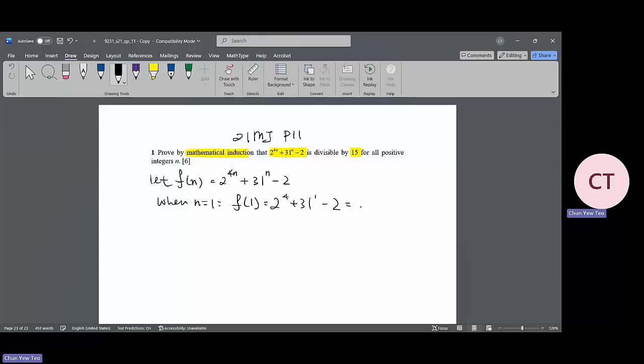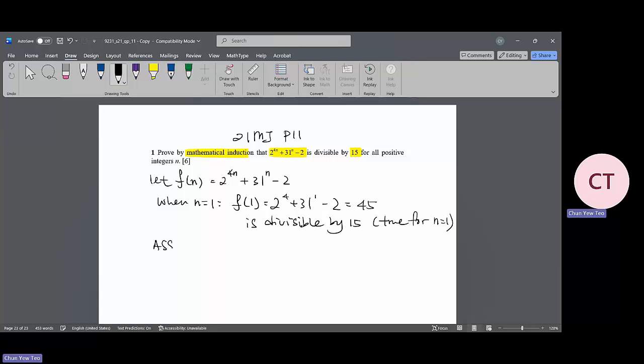That will be 45. So 45 is divisible by 15. So it's true for n equal to 1.